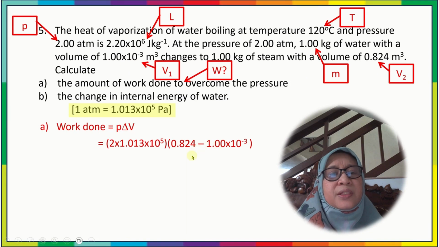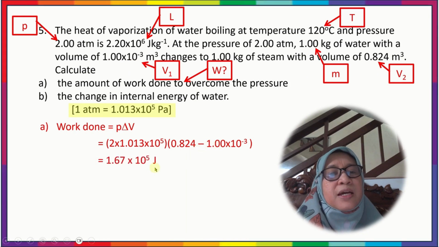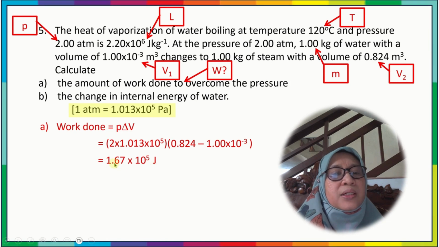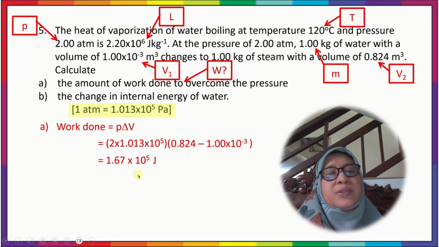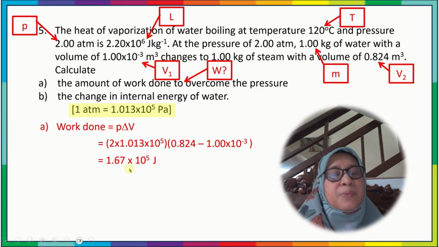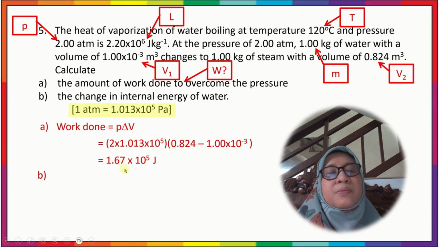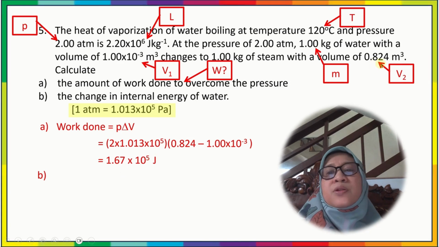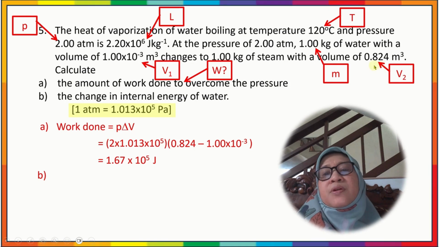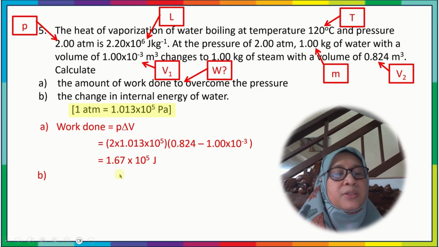The answer is 1.67 times 10 to the power 5 joule. This is positive work, because the volume increases. This is an expansion, so you should get a positive value.